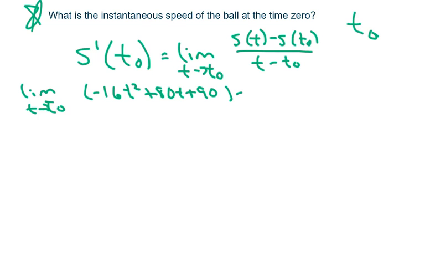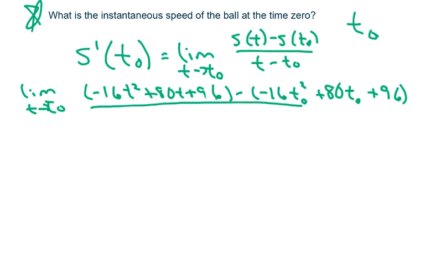Then we're going to subtract negative 16 t 0 squared plus 80 times t 0 plus 96. And I still make another mistake as usual. All over t minus t 0.